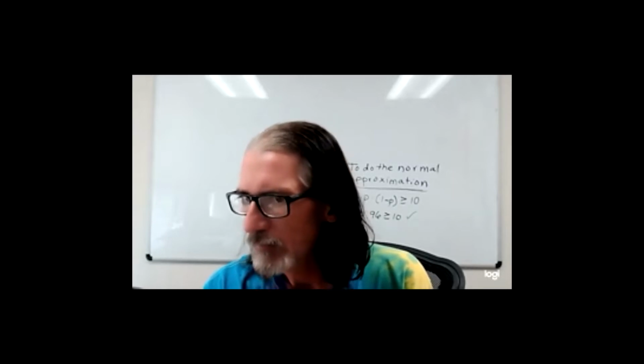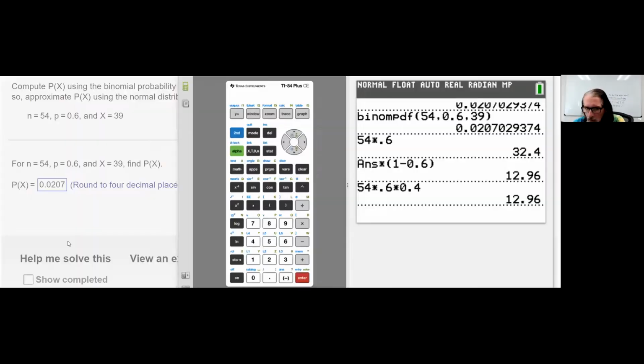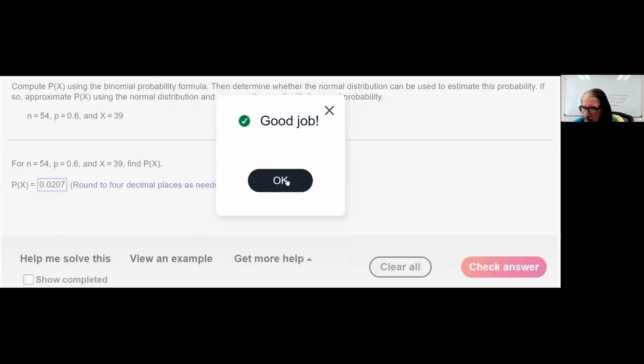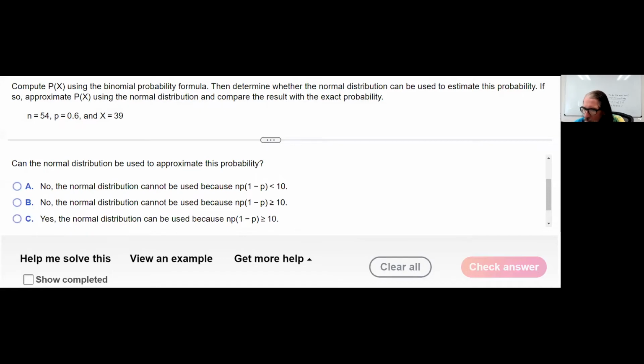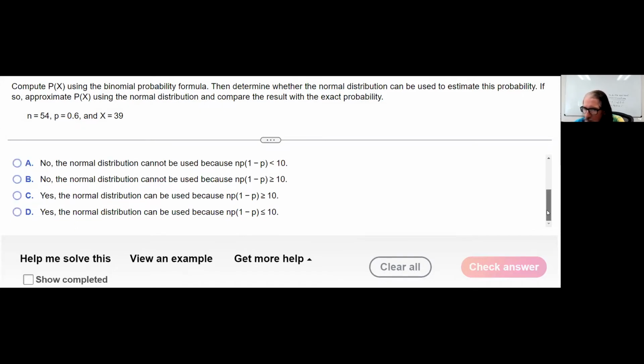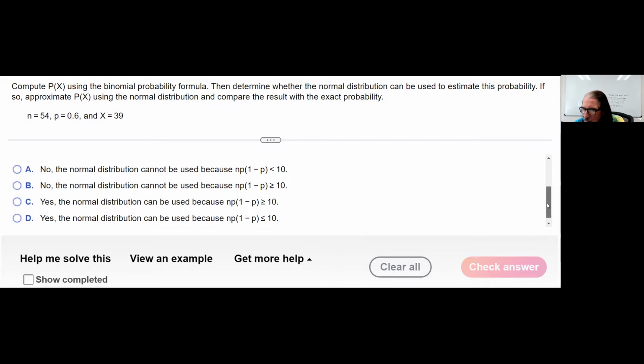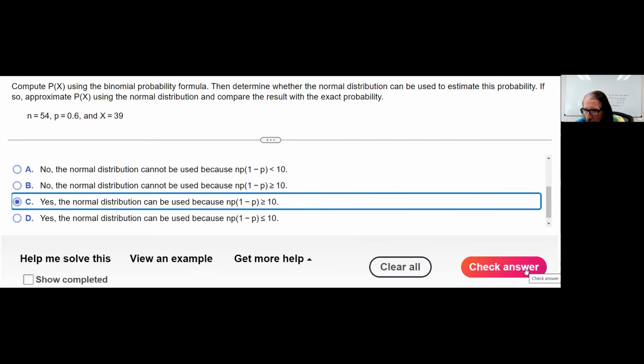All right, so going back to our question here. We do have that n times p times the quantity 1 minus p is greater than or equal to 10. So yes, we can use the normal distribution to approximate this probability.